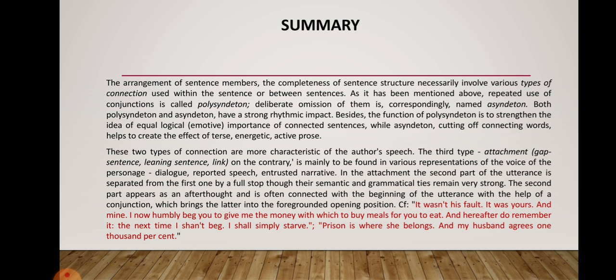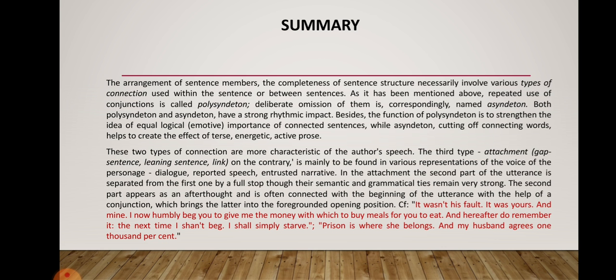These two types of connection are more characteristic of the author's speech. The third type, attachment or gap sentence link or leading sentence, on the contrary, is mainly to be found in various representations of the voice of the personage: dialogue, reported speech, entrusted narrative.